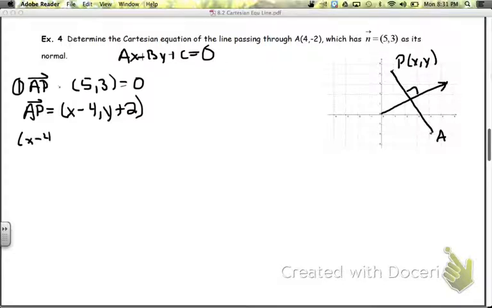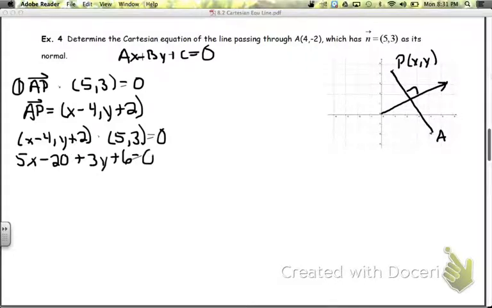So (x minus 4, y plus 2) dot (5, 3), and we know it needs to equal 0. So therefore, we have 5x minus 20 plus 3y plus 6 is equal to 0. So therefore, we get 5x plus 3y minus 14 is equal to 0.